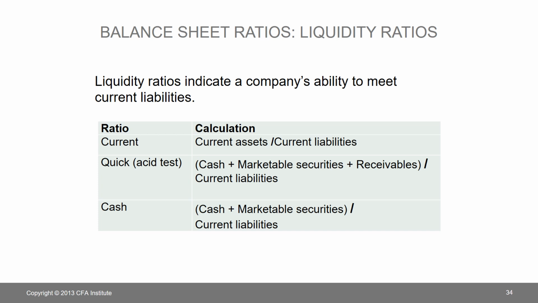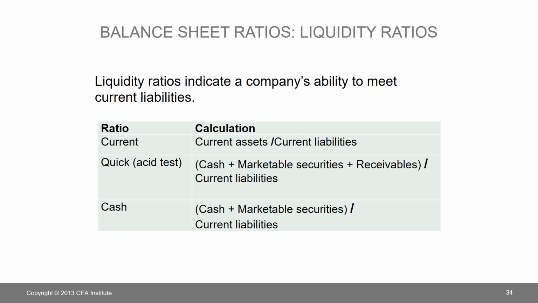A current ratio of 1 would indicate that the book value of its current assets exactly equals the book value of its current liabilities. A lower ratio indicates less liquidity, implying a greater reliance on operating cash flow and outside financing to meet short-term obligations.